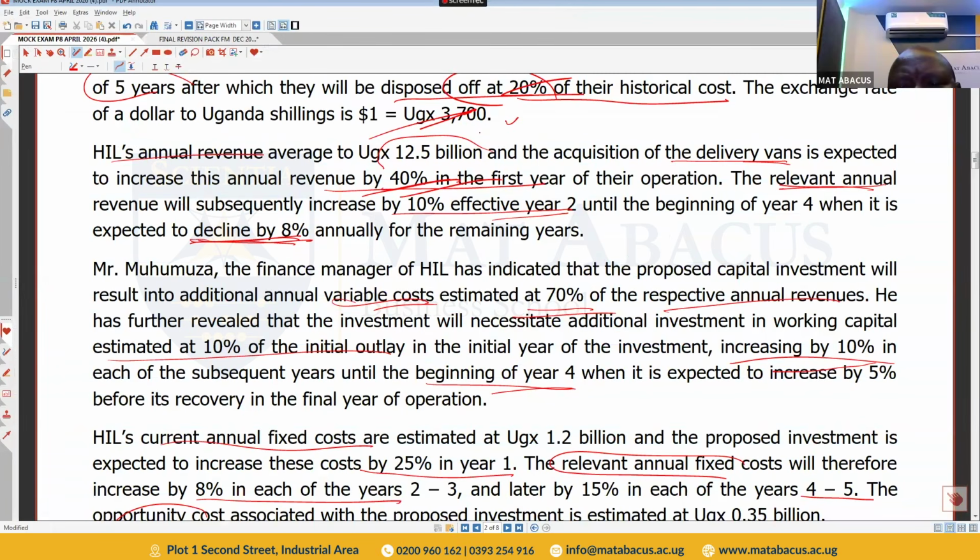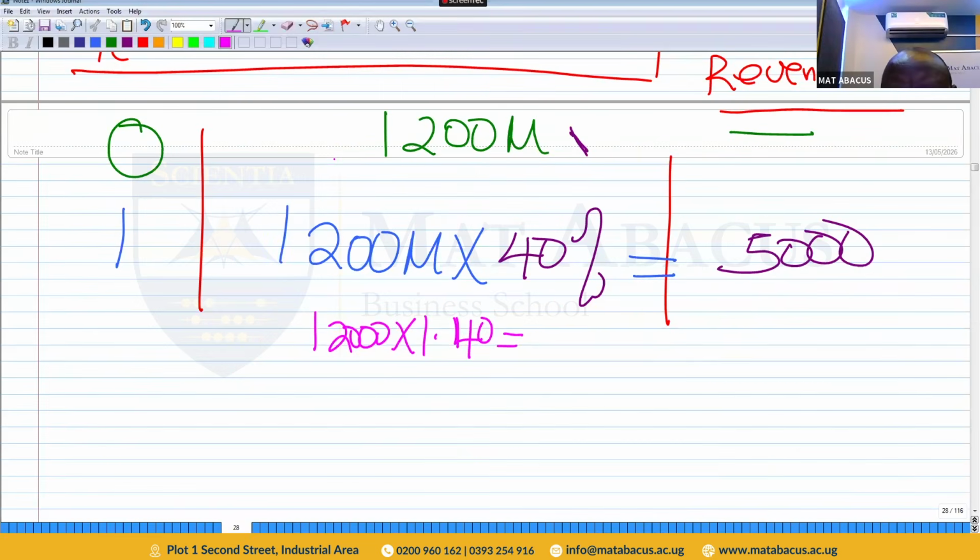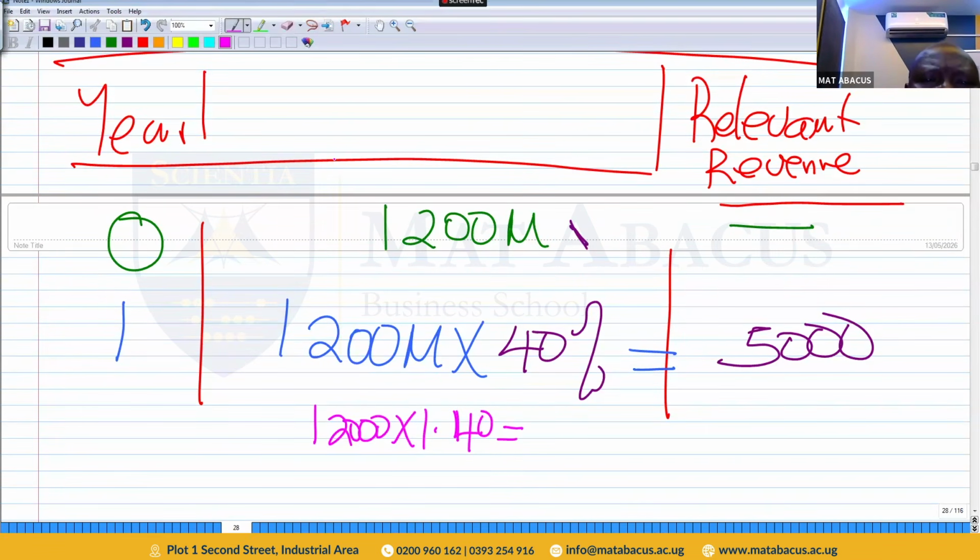I'm making a mistake. The revenue was 12.5. I had written this in my notebook. It is 12.5. Just correct that.